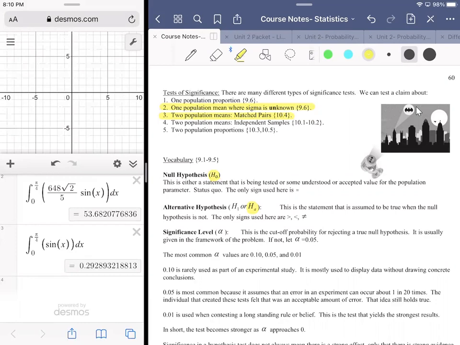Let's say 100 people in the population, and you want to say the average number of people that experience a cough is 12, that would be the null hypothesis, because it's an equal sign, right?